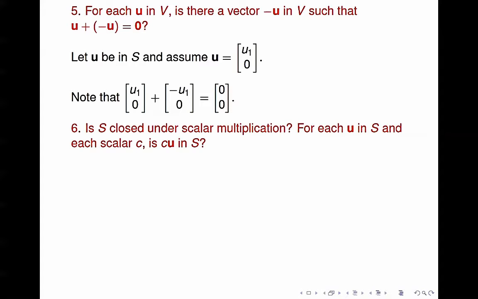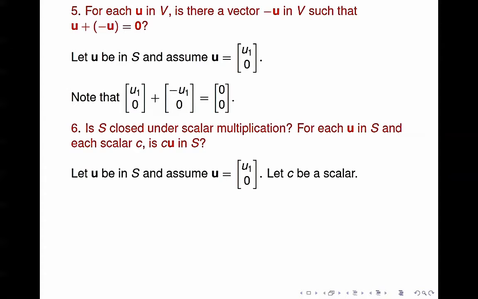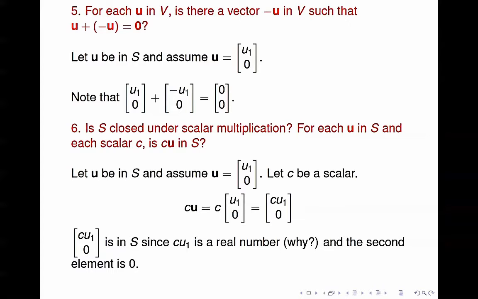Is S closed under scalar multiplication? So if we take a generic element from the set, multiply it by a scalar, do we get another element in the set? Well, here's a generic element of the set, u equals (u1, 0). c is a scalar, that just means it's any real number. If we multiply c times u, we end up with cu1 in the first component.